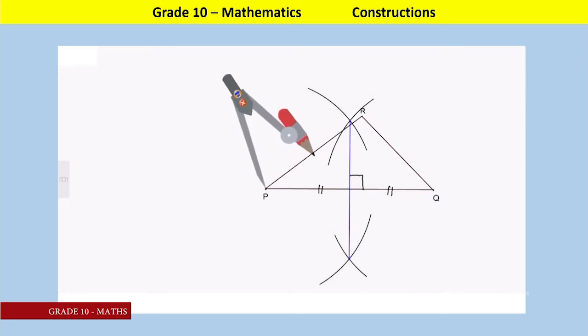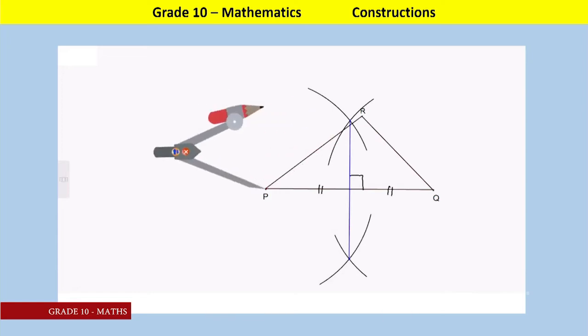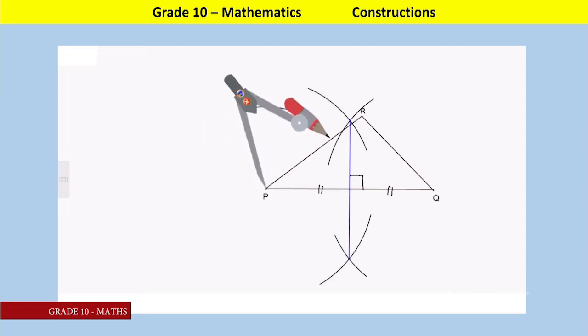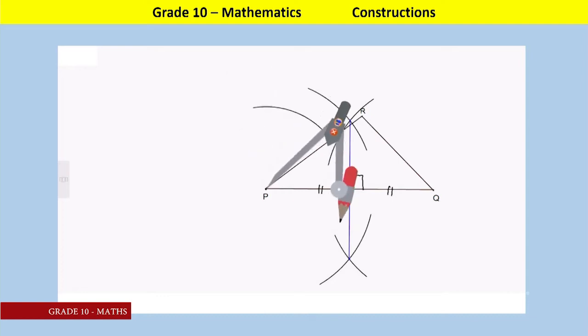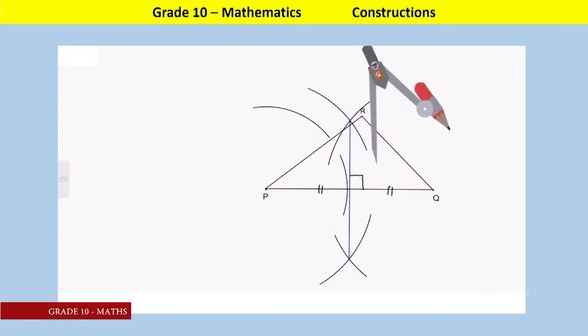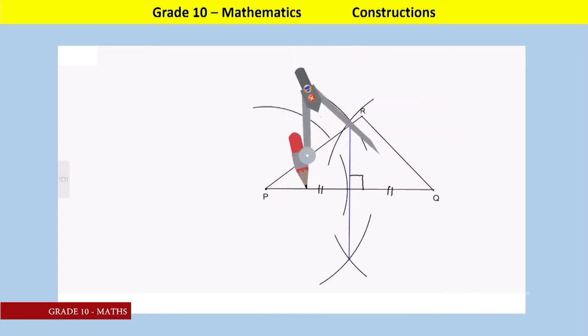Just as earlier, keep the steel point on P. Take more than half of PR. Construct 2 arcs on either side. Don't change the radius. Keep the steel point on R.